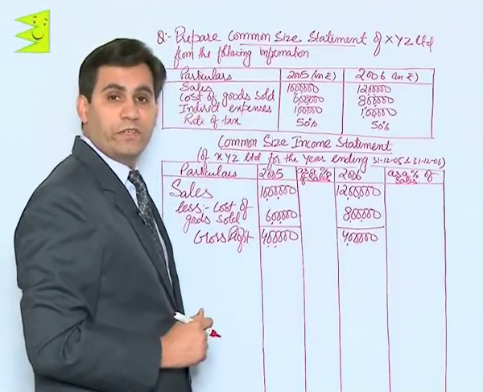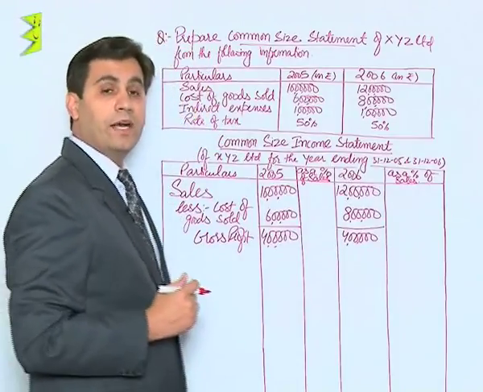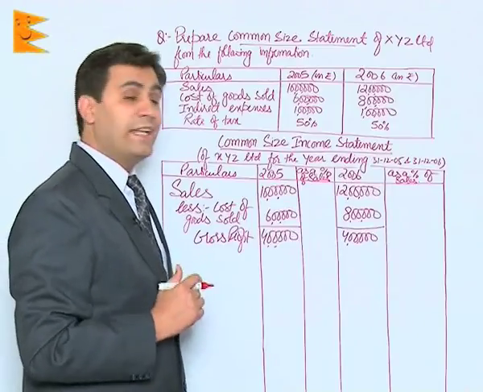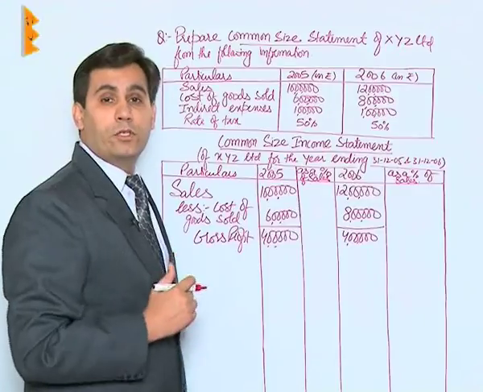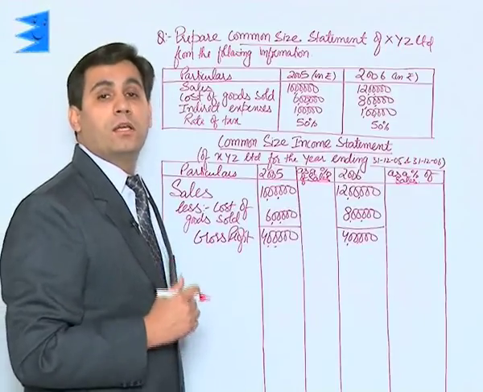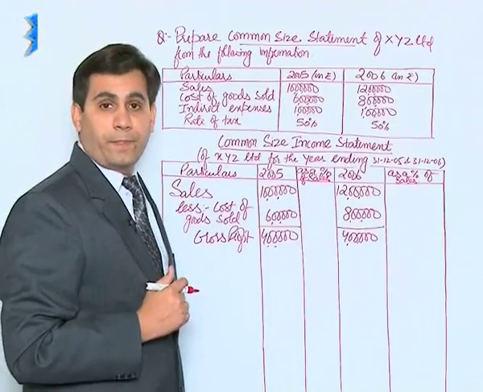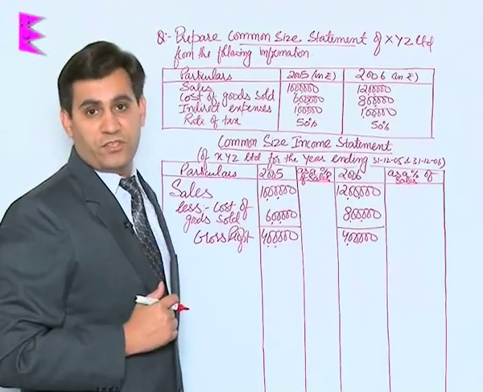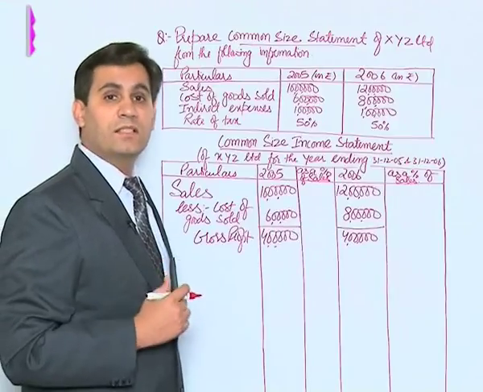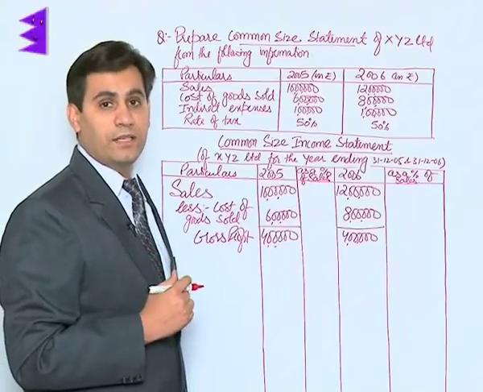Out of this gross profit that we have earned, we will now deduct indirect expenses. Indirect expenses are related to your office expenses. They include expenses like repairs, maintenance, like office and administration expenses, selling and distribution expenses. Such expenses collectively are known as indirect expenses.